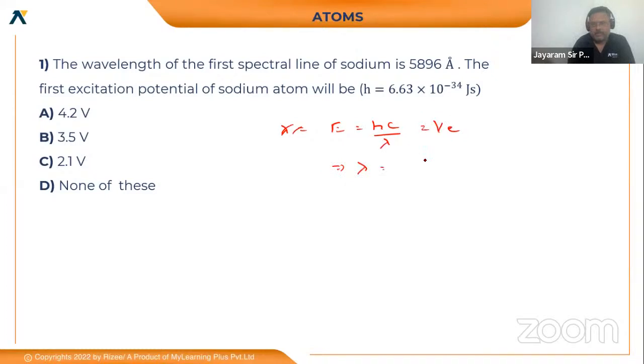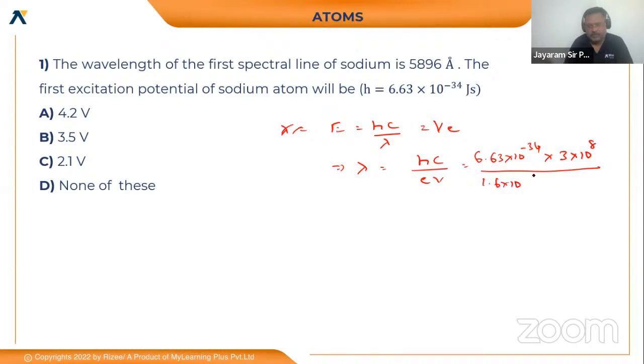From this, lambda can be written as hc by eV. H value is 6.63 into 10 to the power of minus 34, c is 3 into 10 to the power of 8, charge of an electron is 1.6 into 10 to the power of minus 19, and he needs the wavelength over here. Here V is the potential.